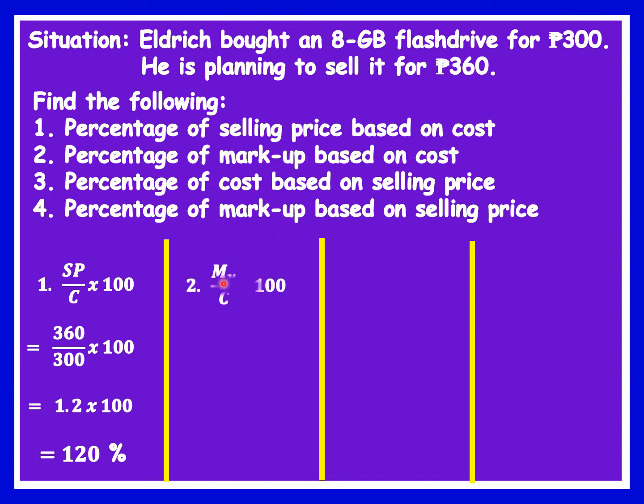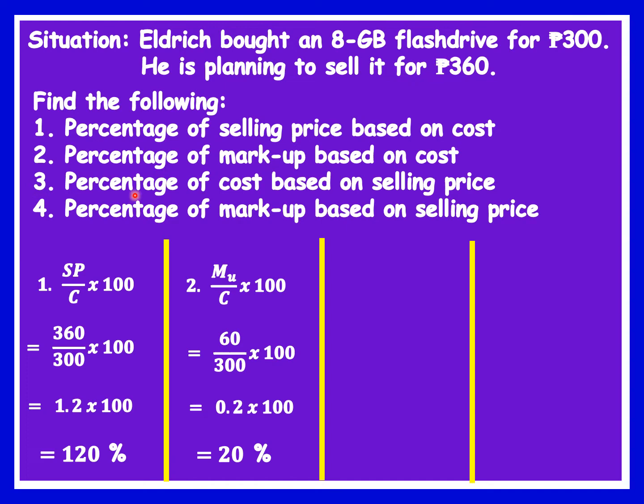Once again, we will use the markup over cost multiplied by 100. So our markup is 60, our cost is 300, multiplied by 100. Let us divide this first. That will be 0.2 multiplied by 100, and that is 20. And then affix the percentage symbol. That is 20%.